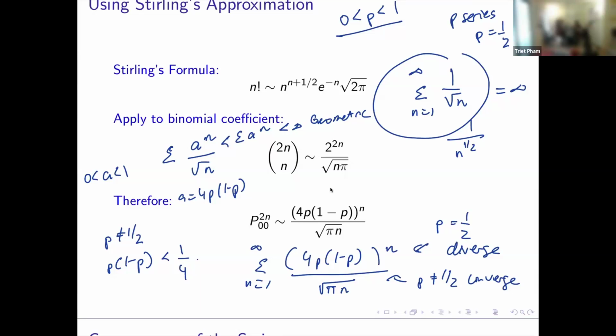You never know what subject area you need for a particular problem. For this one, the tool we use is series analysis, because the criterion we come up with is an infinite series. Stirling approximation and some series analysis shows us the conclusion. All right, any question about this?